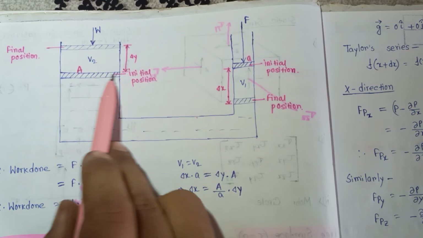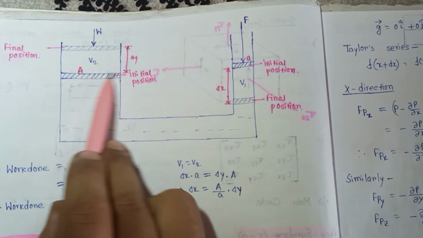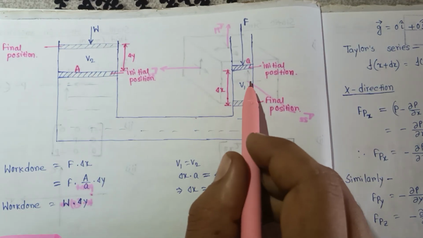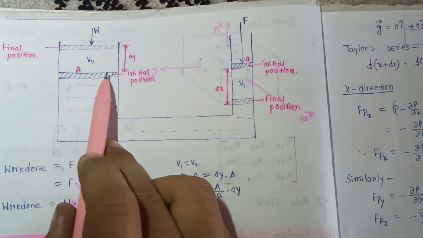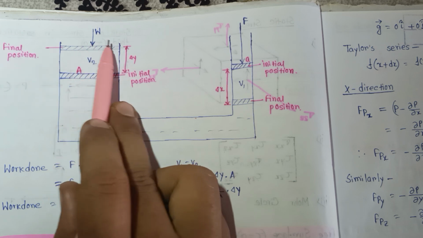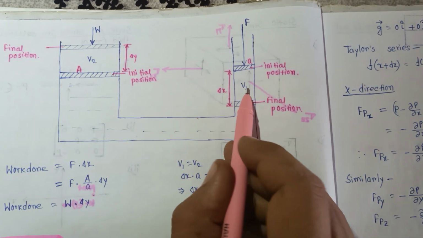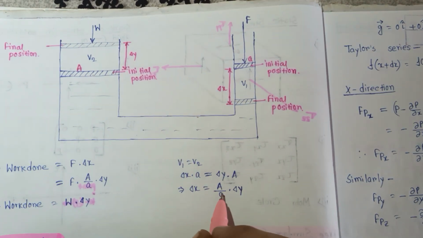This is the initial position of the ram. Due to the V1 displacement, the initial position changes by delta y, and this is the final position. So V1 must be equal to V2, so delta x is equal to A2 by A1 into delta y.